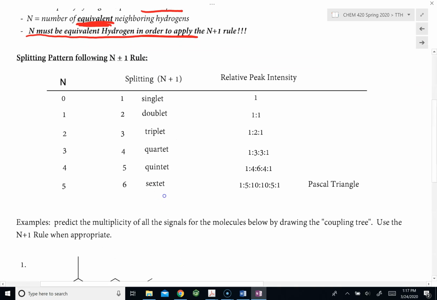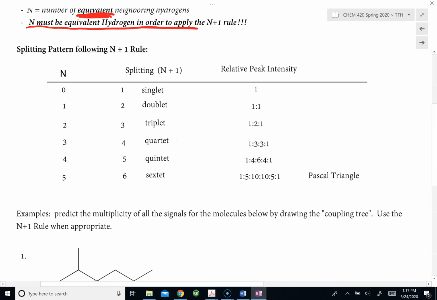So here are some of the common splitting patterns based on this N+1 rule. Here N is the number of neighboring hydrogens. If a signal has no neighboring hydrogens, then it will show up as a singlet, and the intensity of the peak is 1. If a hydrogen has one equivalent neighboring hydrogen, it will be split into a doublet, and the relative intensity is now 1 to 1.